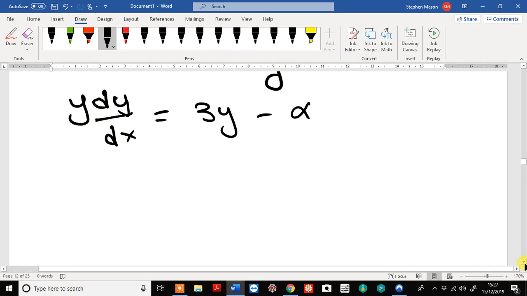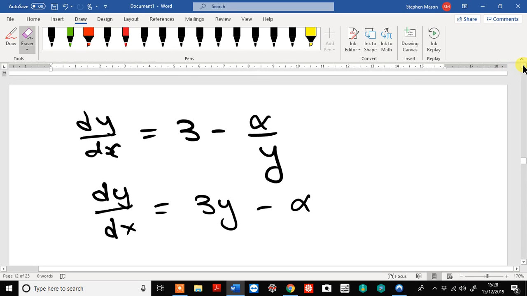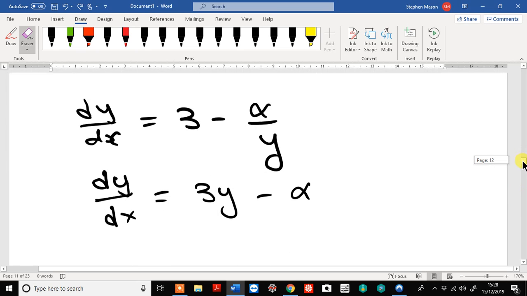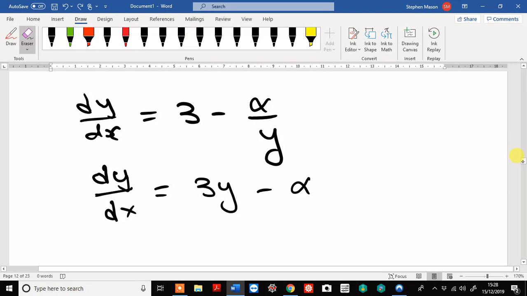In fact, let me just simplify this a bit more, because we don't need to write it quite like that. We've got 3y minus alpha over y.